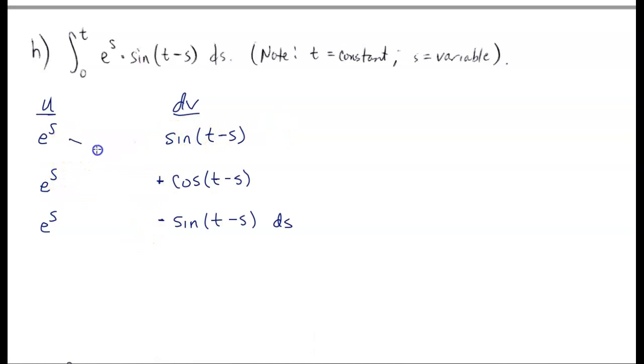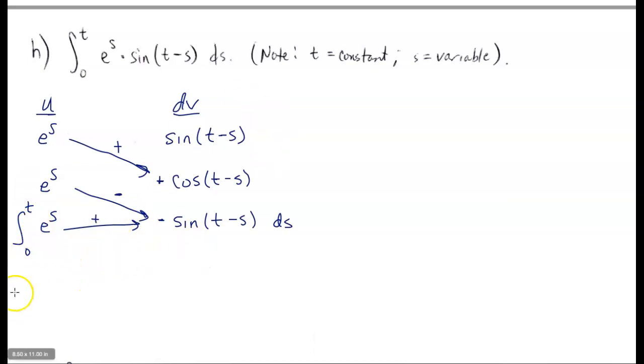So we're going to go ahead and do our diagonals here. And we know at this point, since we see e raised to the s, sine of t minus s in here, we know that we'll stop. And so we'll use this particular term to integrate and stop. In other words, this last term here will actually have an integral sign in it. And of course, since it's a definite integral, it'll end up being integral from 0 to t.